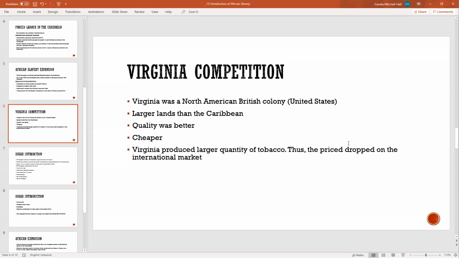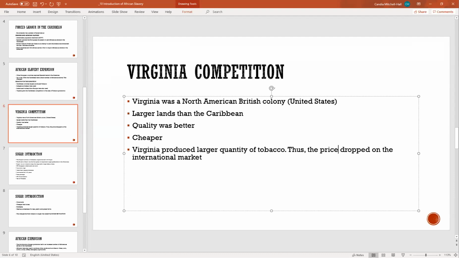And so the price of tobacco is going to drop significantly, and the Caribbean planters are not going to be able to match up to Virginia, because Virginia is producing much more tobacco. They have way more land. They are using a lot of science in their production of tobacco.